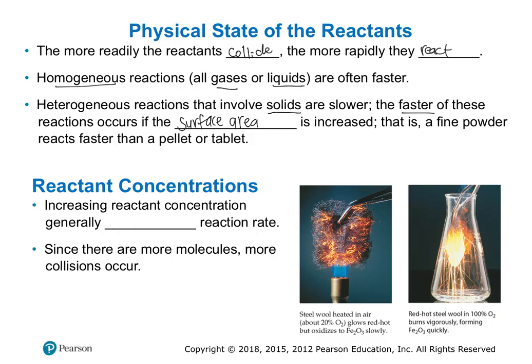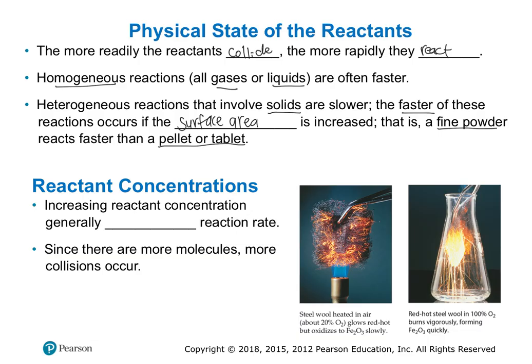Basically, something that's a fine powder is going to react a lot faster than something in pellet form or tablet form. And you've seen this, right? If I wanted sugar to dissolve faster in water, powdered sugar would do so a lot easier than a sugar cube.